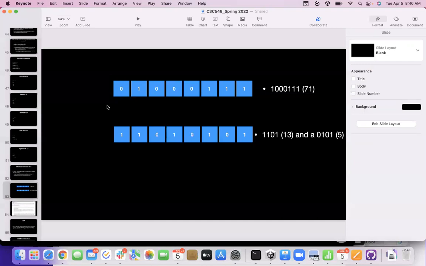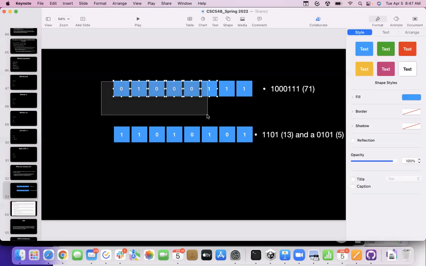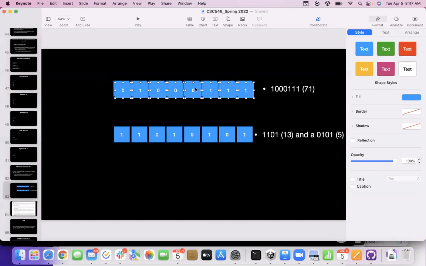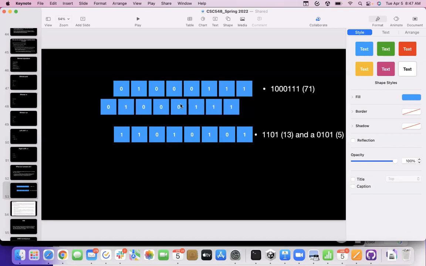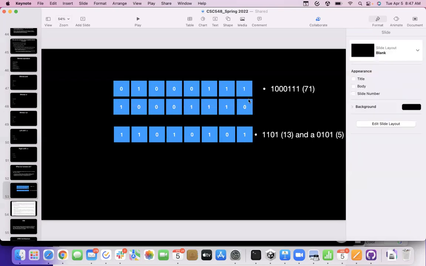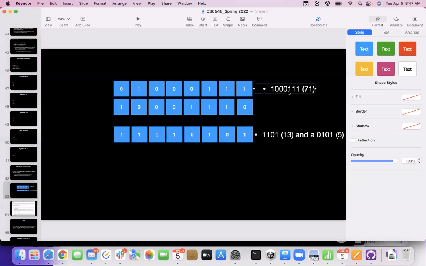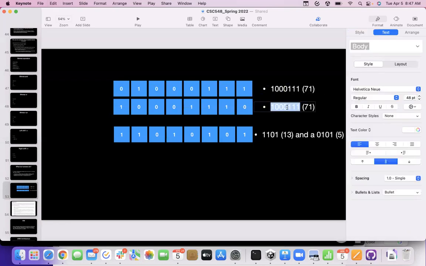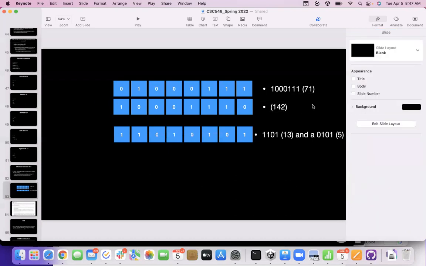I just said that in 8 bits on our high level computers, you can hold the numbers -128 to +127. Well, I just said that we can left shift this, and now this is the number 142. We multiplied the 71 by 2.